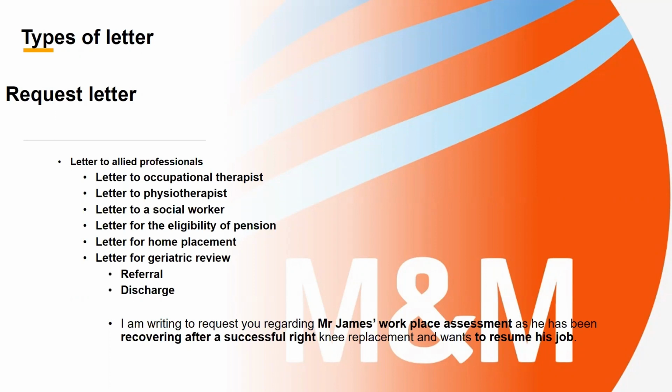Then it's a kind of letter that can be written over here. It's a kind of request so that we can evaluate the patient's financial status so that he can be eligible for the pension.